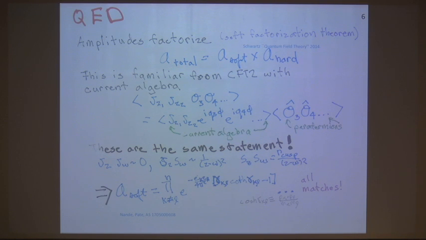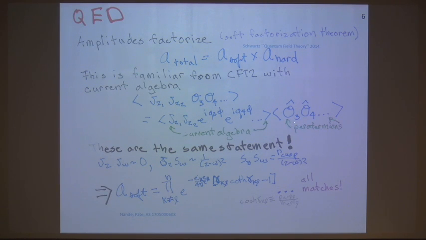If you have a two-dimensional conformal field theory with a current algebra, any old correlation function factorizes into a purely current algebra piece involving the currents and the U(1) bosons, and this other piece, which I don't know what they're called now.